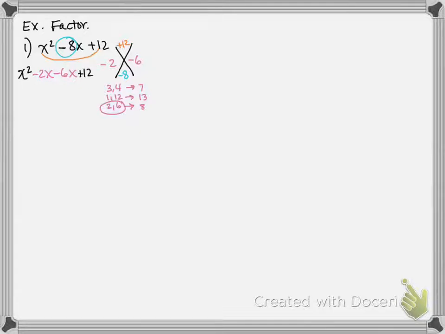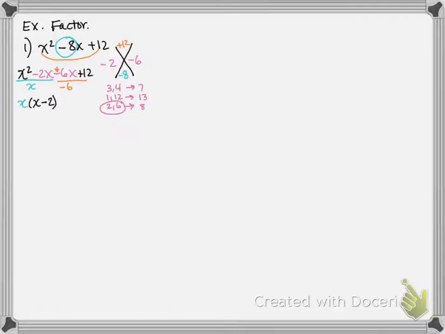Then we're going to factor by grouping. So these have an x in common. Now here's where it gets a little tricky. You've got to pull that negative out. So they have a negative and a 6 in common. So this gives me x times, let's see, x squared divided by x is x, minus 2x divided by x is 2.